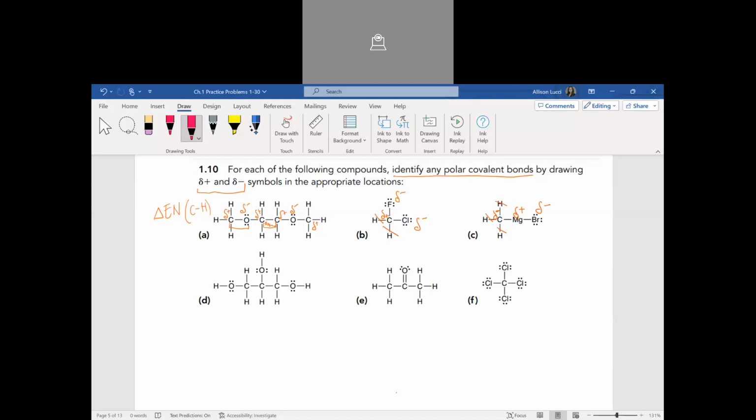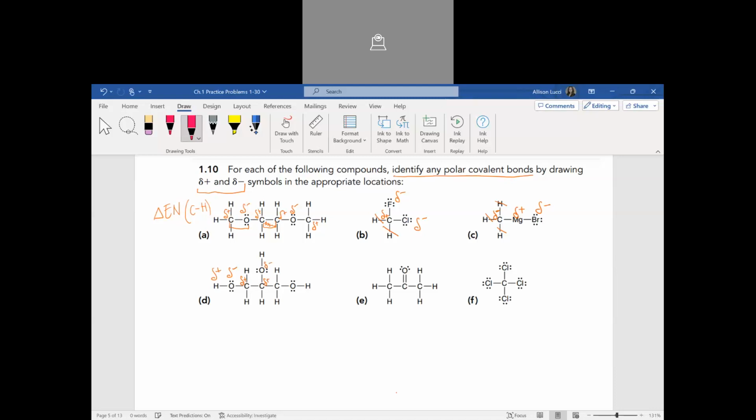Let's go to our molecule D. Now, we've always seen carbon bonded to hydrogen showing a nonpolar bond, but now we have hydrogen bonded to oxygen. So this actually would be a dipole, with hydrogen being more positive and oxygen being more negative. Then we continue along. This carbon would hold a partial positive charge because of this oxygen up here.